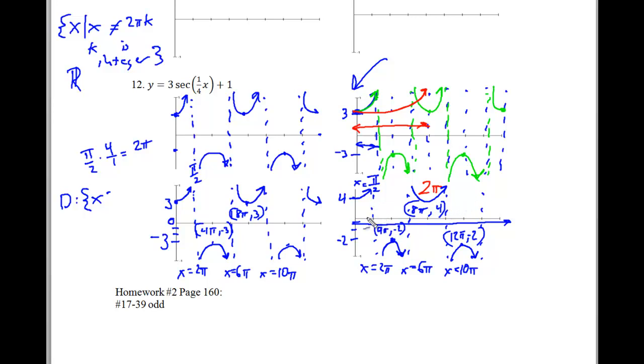These asymptote lines are at... did I mess up? Hold on a second. Our asymptote lines are again going to be the same as before, because it looks like we're at 2π, 4π, 6π, 8π, 10π. These are our asymptotes. So we're going to go 2πk, where k is an integer.